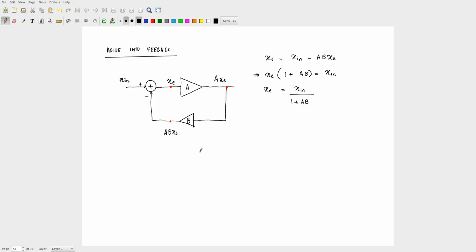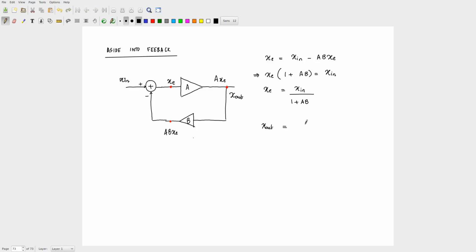Okay. Now there is some terminology here, and let me not confuse the terminology. So let me get that correct. Your X out, this quantity is also X out here. Okay, X out is your A times XE. So what is your X out now going to be? Okay, this kind of expression will now be very, very familiar to you, right?